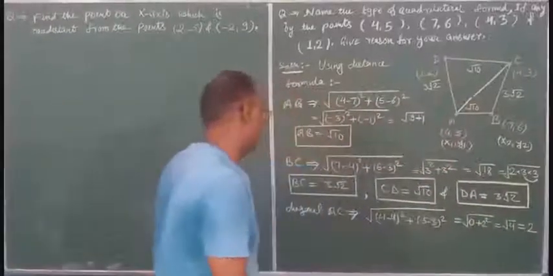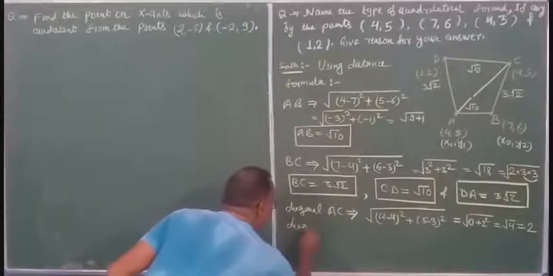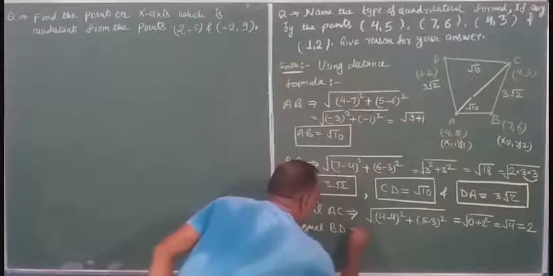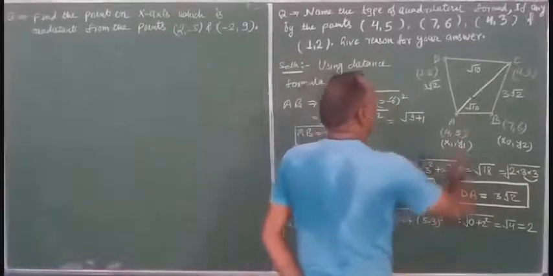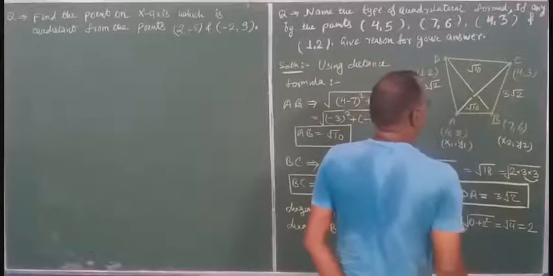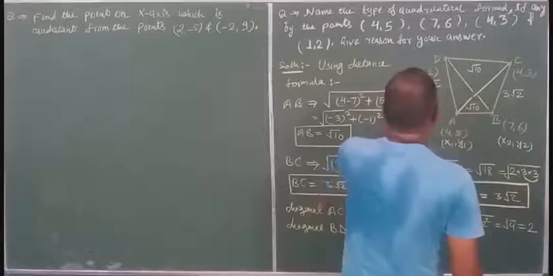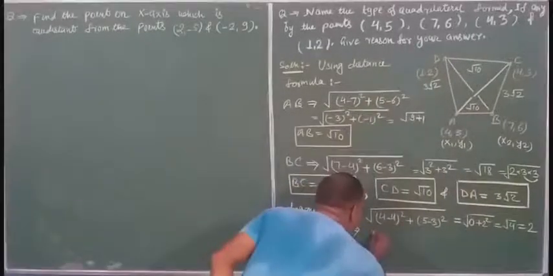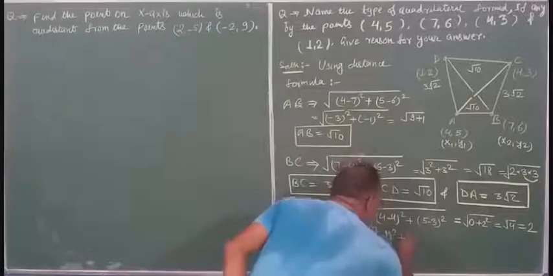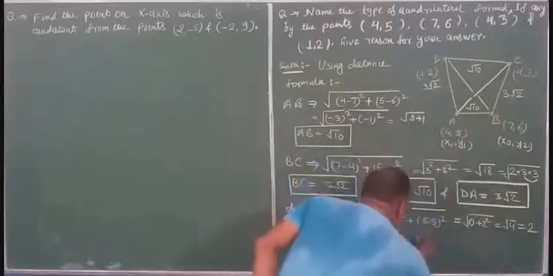And the diagonal BD, just look here, what will happen? 7 minus 1 whole square plus 6 minus 2 whole square.